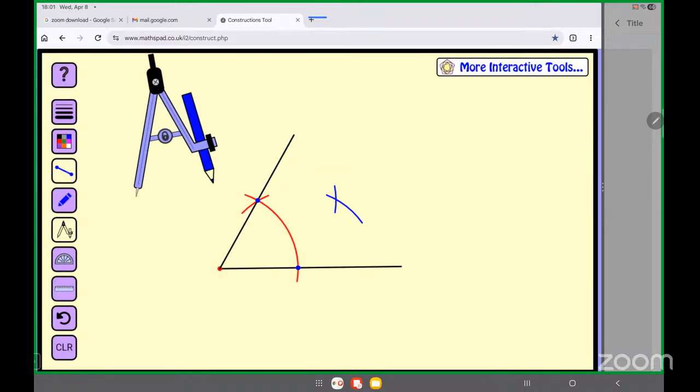When I draw a line straight down the middle here now, that is 30 degrees. So I bisected the 60 to get my 30. So inside here, it's 30 degrees.